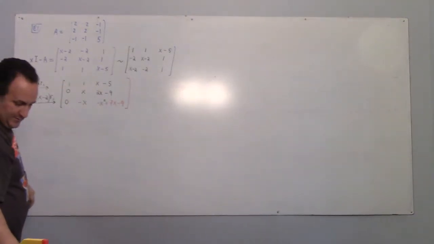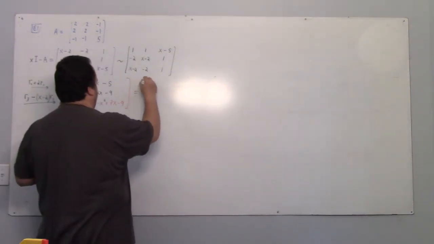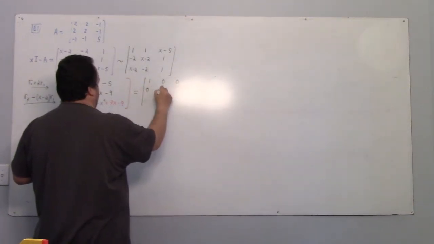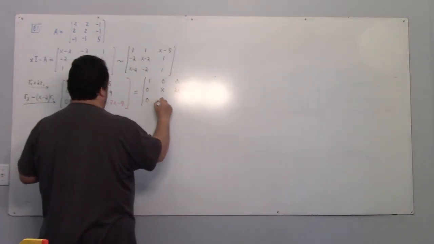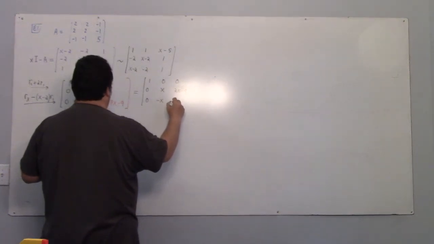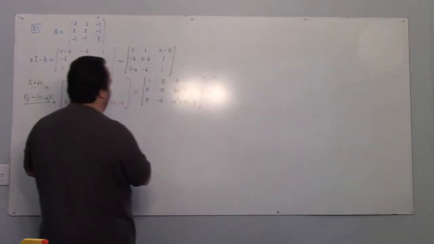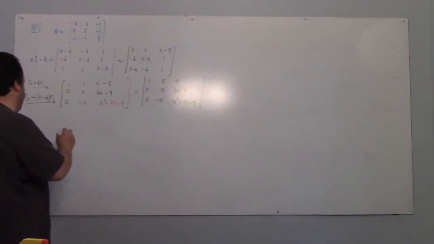And so this immediately gets us to 1, 0, 0, 0, x, 2x minus 9, 0, minus x, and then minus x squared plus 7x minus 9. Then what? Would you add 2 and 3? Row 2 and 3? Oh yeah, very nice. So row 2 plus row 3.